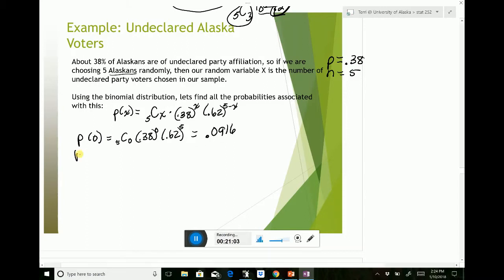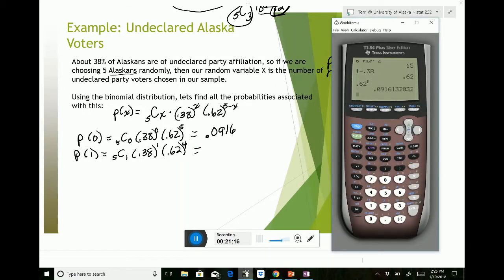So the probability of 1 is 5 choose 1, 0.38 to the 1 power, 0.62 to the 4th power. So we know that anything choose 1 is itself, so 5 times 0.38 times 0.62 to the 4th power, 0.2808.